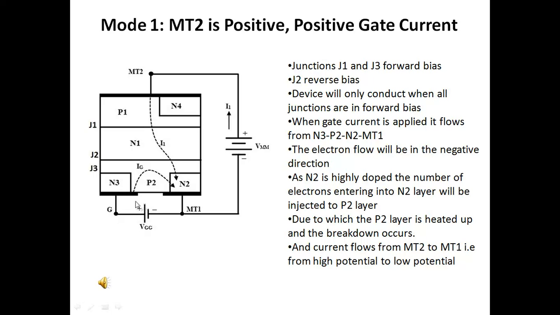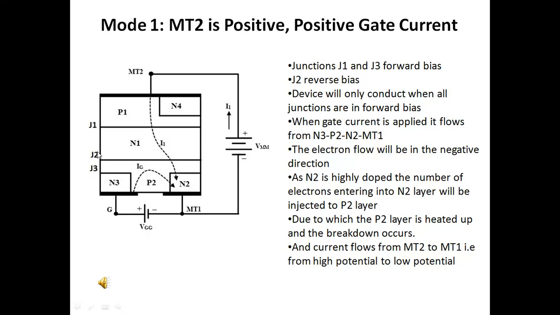When MT2 as well as the gate terminal are connected to the positive, with respect to that, the junctions J1 and J3 will be in forward bias and J2 will be in reverse bias.